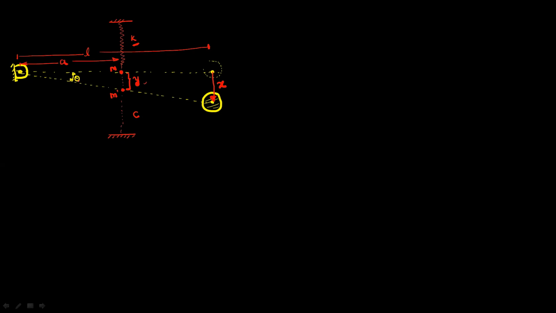For very small angle theta, if you consider this as a right angle triangle, this is Y and this is A. For very small angle theta, we can assume this small segment is part of a circle, a small segment of this sector.